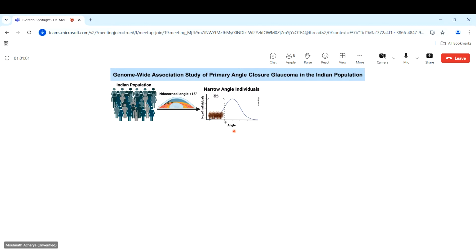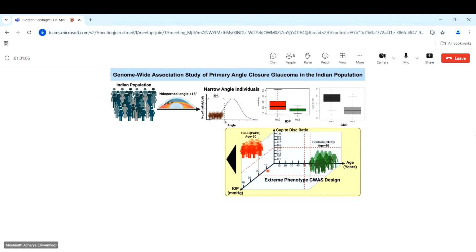So for that, since angle closure glaucoma is a late onset disease, what we thought is, if we choose patients that are having glaucomatous neurodegeneration a little bit early, like 40 years or younger, and our controls, if we select 60 years or more, then if they are having occludable angle and they have crossed 60 years of age, there is a minimum risk that they would develop glaucoma. So with that intention, we have segregated our patient and control cohort.